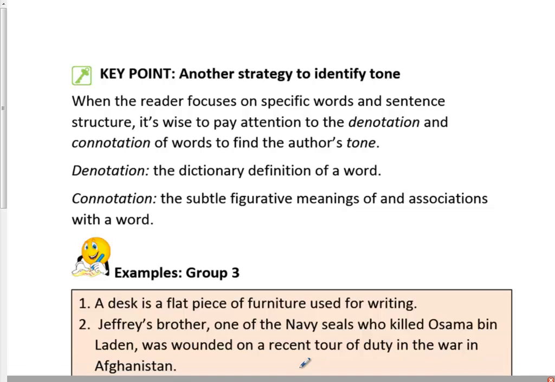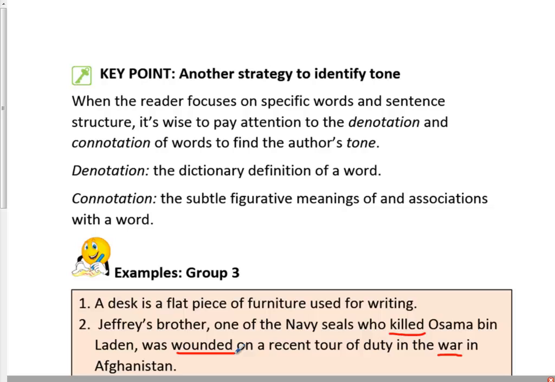Jeffrey's brother, one of the Navy SEALs who killed Osama bin Laden, was wounded on a recent tour of duty in the war in Afghanistan. Obviously, the words killed and war, even wounded, they actually convey a very emotional overtone in addition to their dictionary definitions.